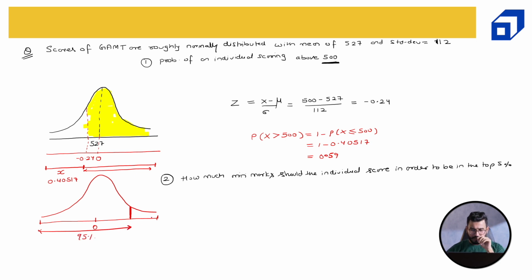So I know that I want to find out that z value, x minus mu divided by sigma. I need to find out that x where the z value is this. So what is the z value at 95%? Let's look into that.